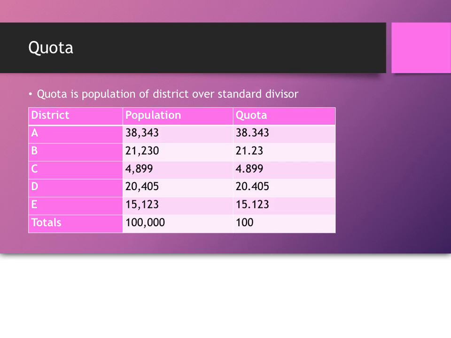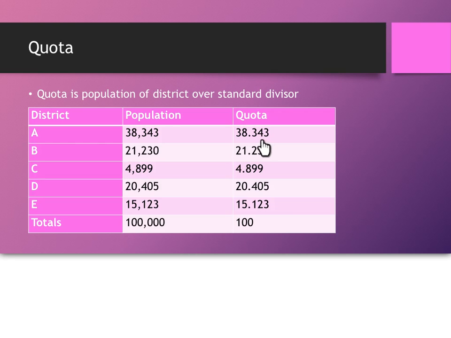And what we're going to do is give each district a quota. Now a quota is simply the actual population divided by the standard divisor. That's going to give us a quota. So for instance, if the population of District A is 38,343, we divide that by the standard divisor, which in this case was 1,000, and we get a quota of 38.343.